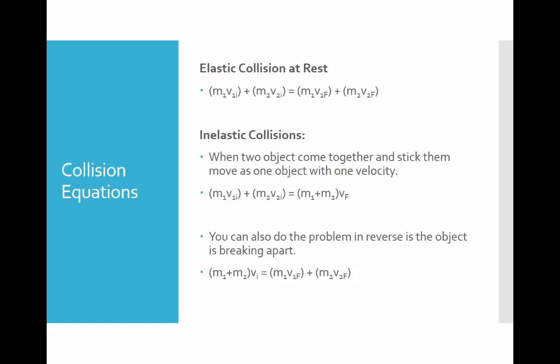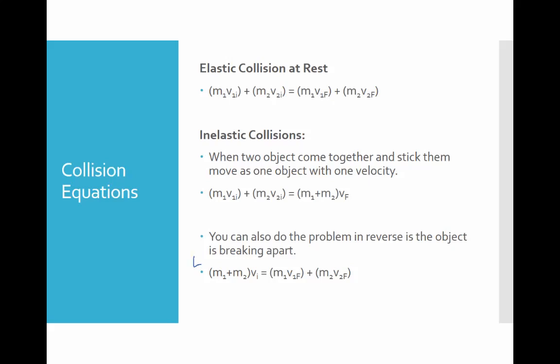But you can also do this in reverse. When we break them apart, objects are combined together with a single starting velocity and ending with separate velocities. This is the equation that we would use for an explosion. Starting out as one object, and then it explodes outward. We track the different pieces that came off of it, and we can use this equation for explosions. So maybe we should label it as such if you haven't already.